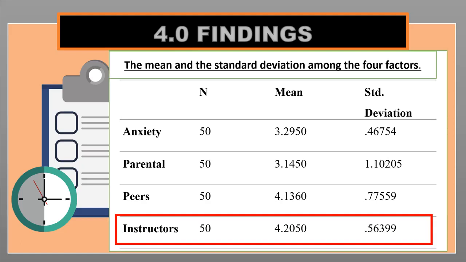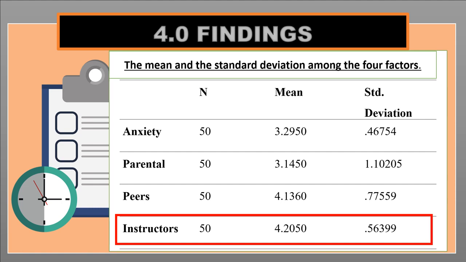The highest mean score among the 4 factors is instructor's influence with a value of 4.2050, which makes instructor's influence the main factor that contributes to English speaking proficiency. Meanwhile, parental influence has the lowest mean score with 3.145, which makes it the least contributing factor to English speaking proficiency.